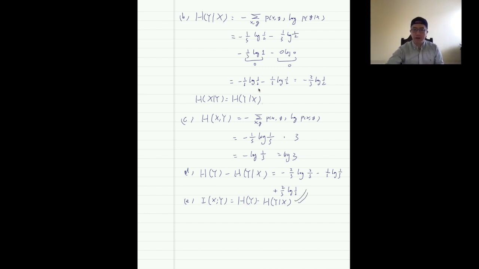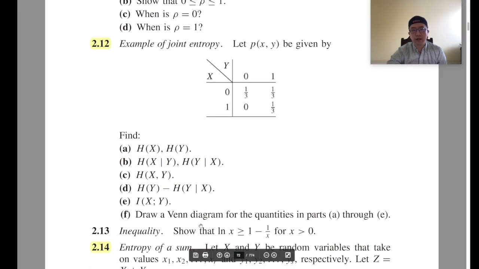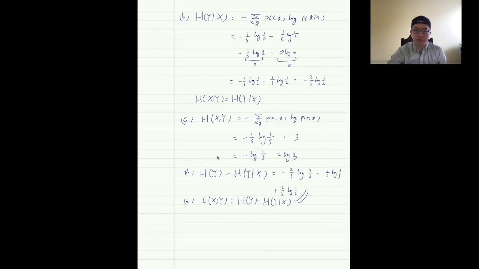And for part F, the last part, it asks you to draw the Venn diagram of the quantities among those, right? And we have seen that before in class. So basically, what we can draw could be something like that. The left circle is hx, for example. The right circle is hy. The size doesn't mean anything here.